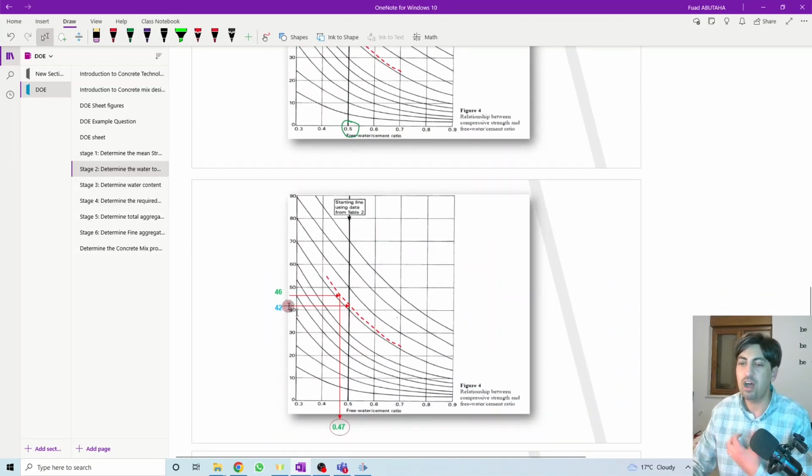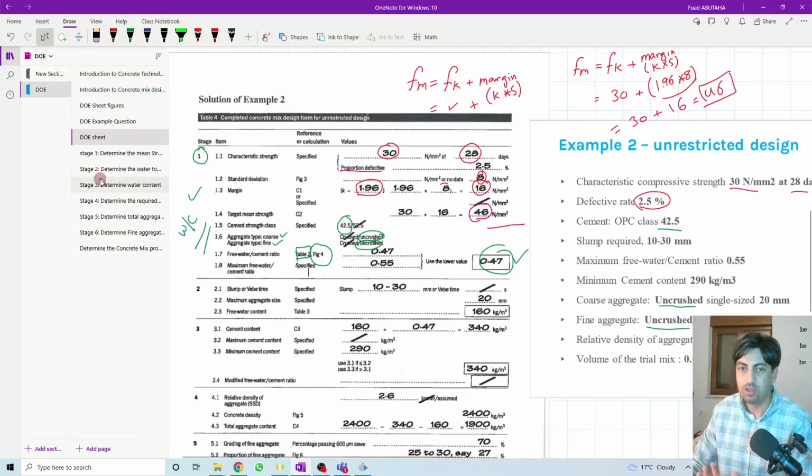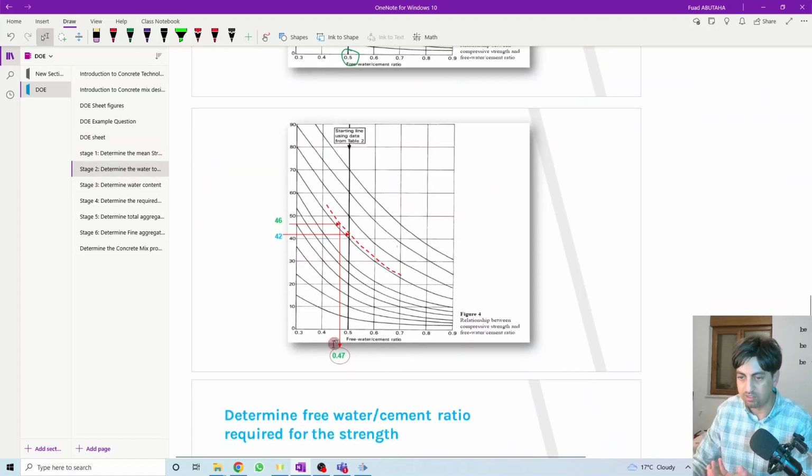Then we use our own compressive strength, which is 46 megapascal, our target mean strength, in order to determine our own water to cement ratio, because this is a relationship between the water to cement ratio and the compressive strength. So at 46 megapascal, we go back, we use our new line, and we go down, we get our water to cement ratio.